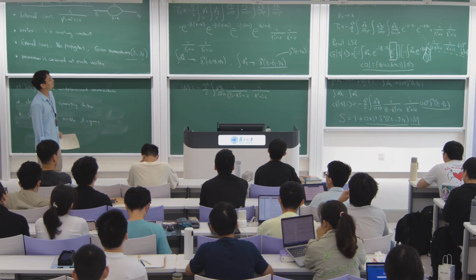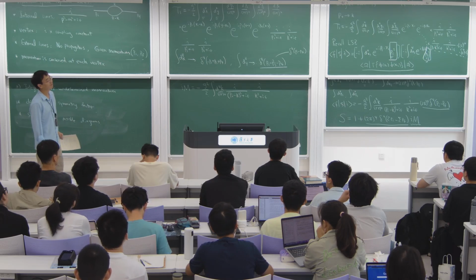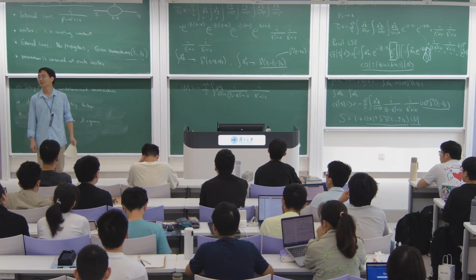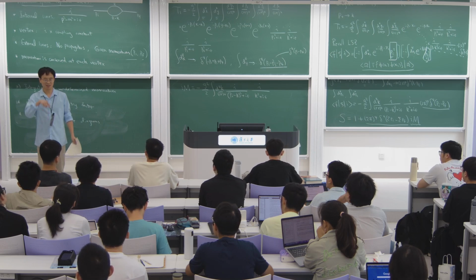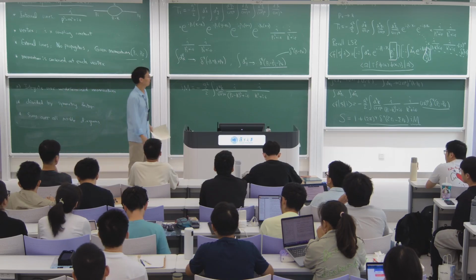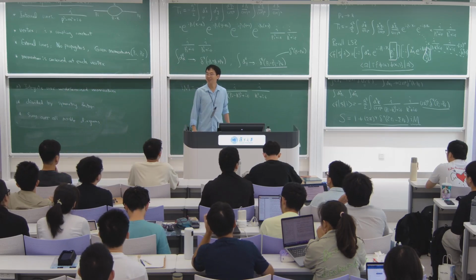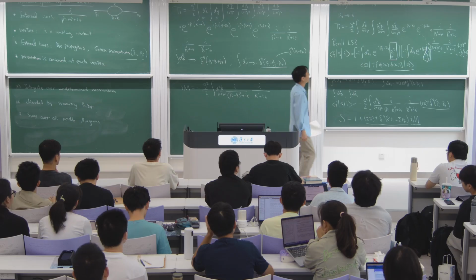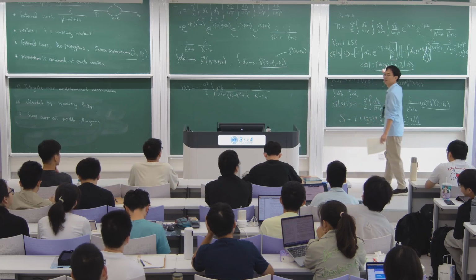The same thing. Because box is just the operator, right? You write box in momentum space as p squared.